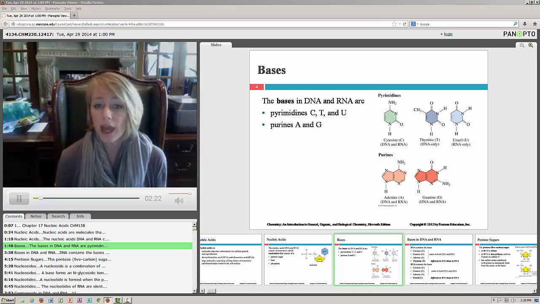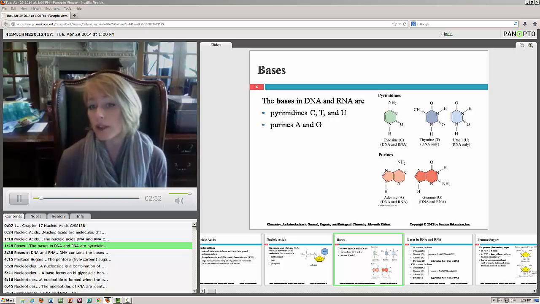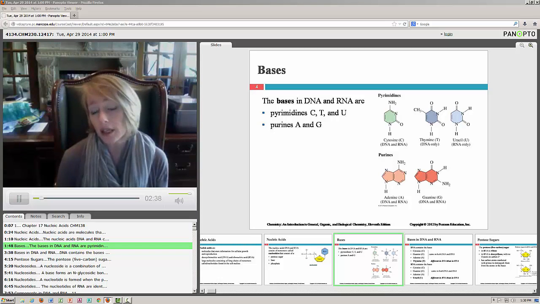The pyrimidines that we have are cytosine, thymine, and uracil. Take a quick look at the thymine and the uracil. You can see that they're almost the same structure. The only difference is that there's a methyl group on the thymine that's not present on the uracil. We only find the thymine in DNA, and the uracil is the complementary base pairing of adenine in RNA. So why the difference?